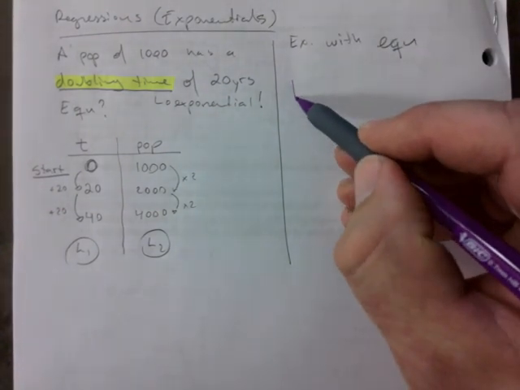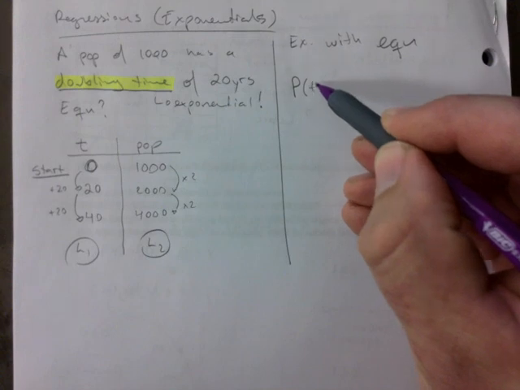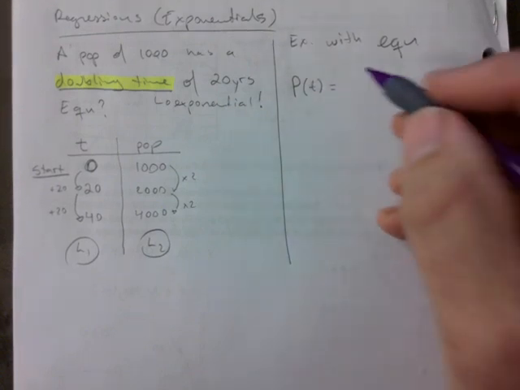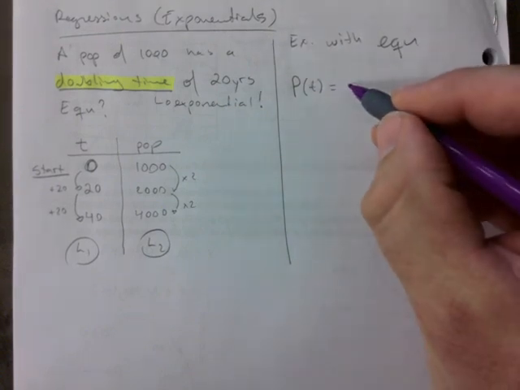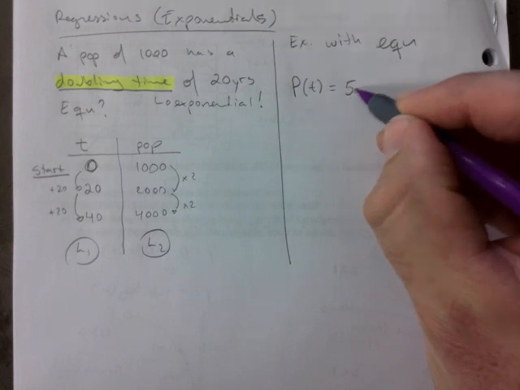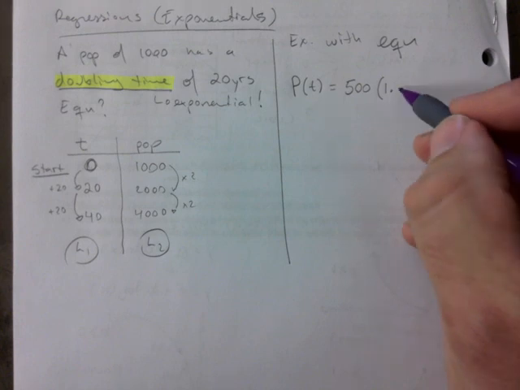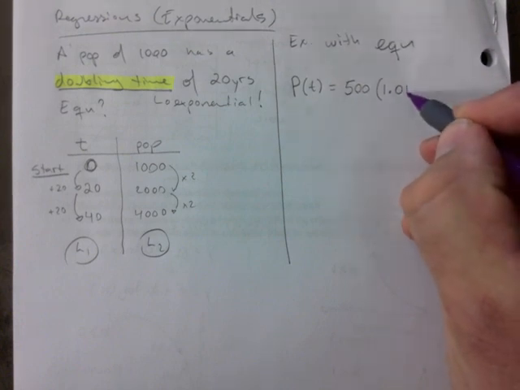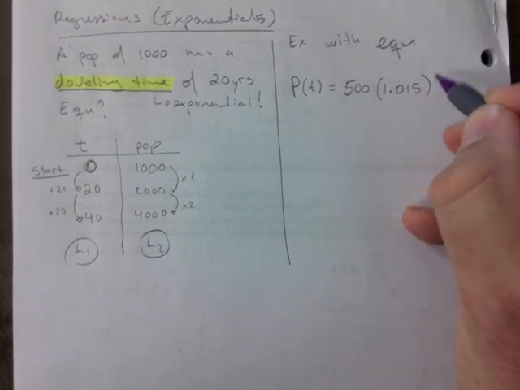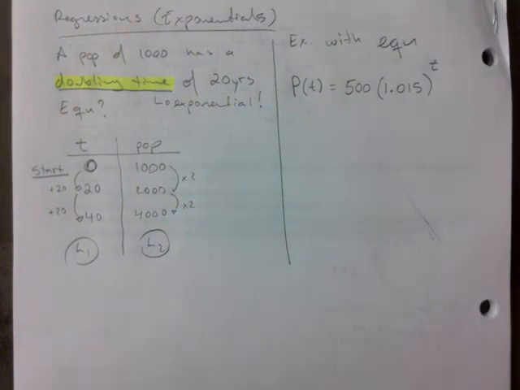Let's say the population over time of a little town is, let's say, 500 people. I'm done after this, I promise.